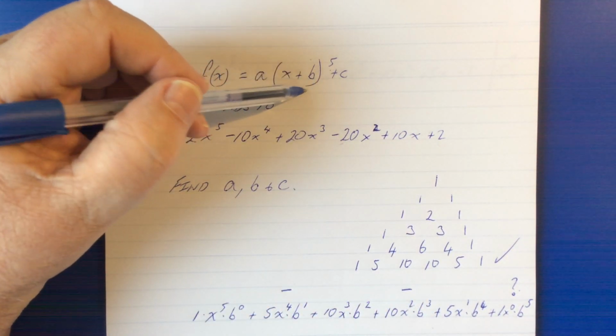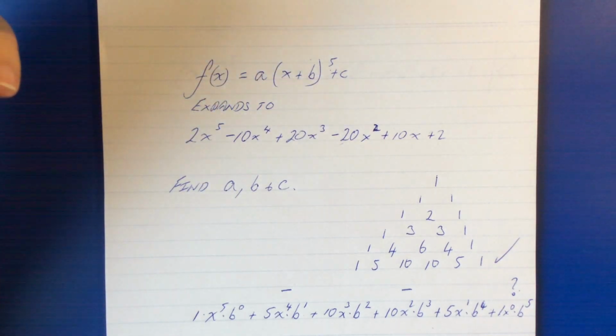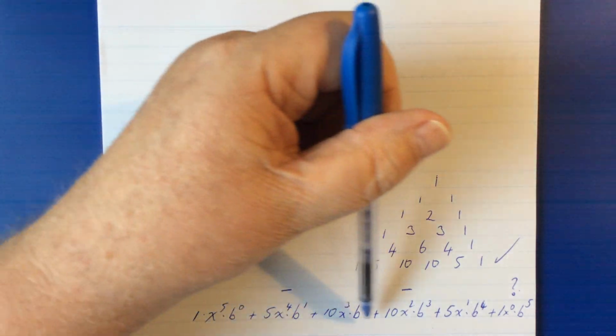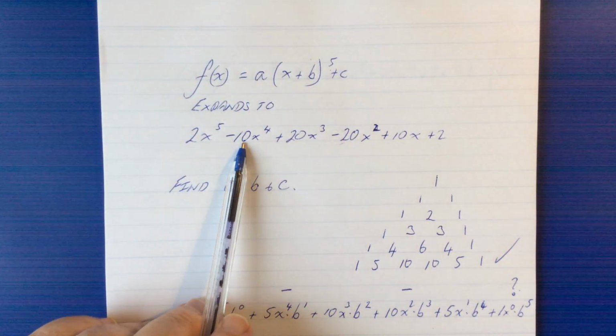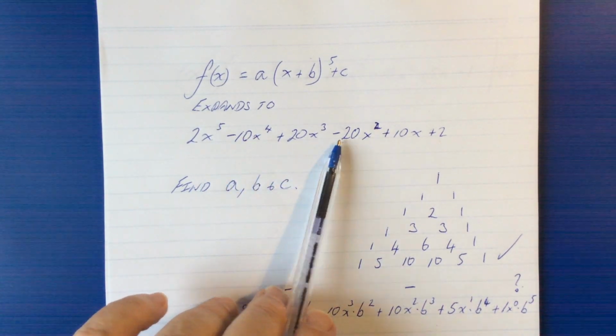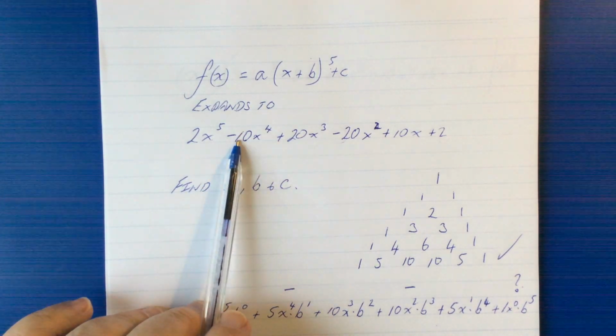I think that this number here has to be negative. Because if it were not negative, if it were positive, I would have positive numbers all the way across here. And if you look at this expansion, every second one is negative. Now, why is this negative?